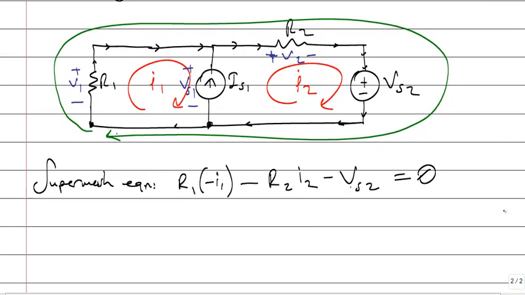Instead of writing two equations, it's sufficient to write one equation in order to solve the system. And then write the current source value. I source 1 is equal to, in terms of mesh currents, supporting current I2, opposing current I1.